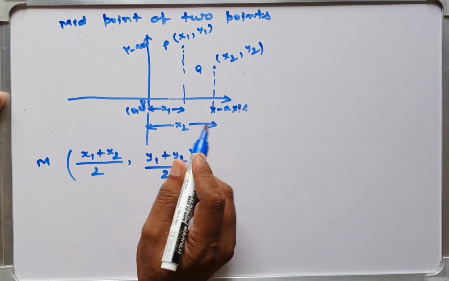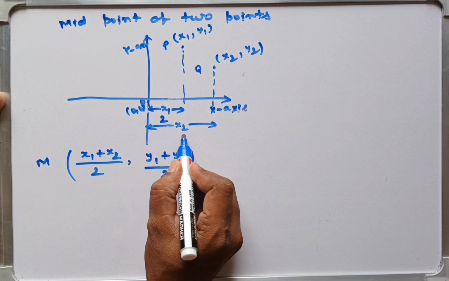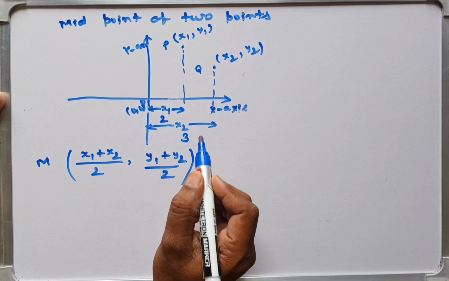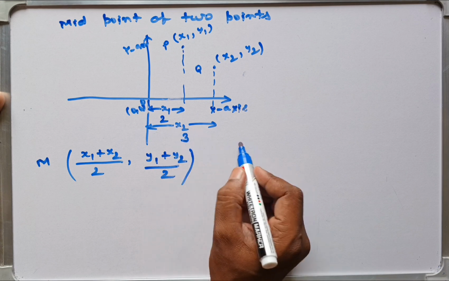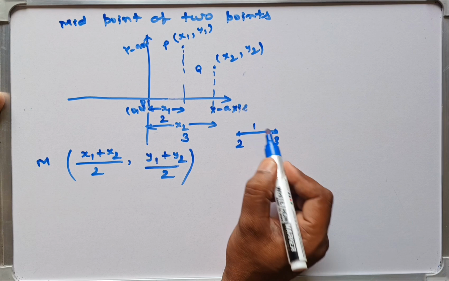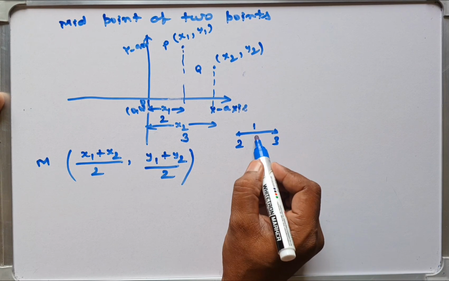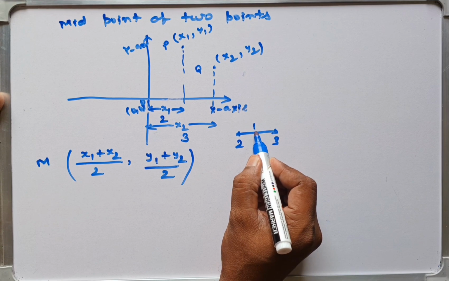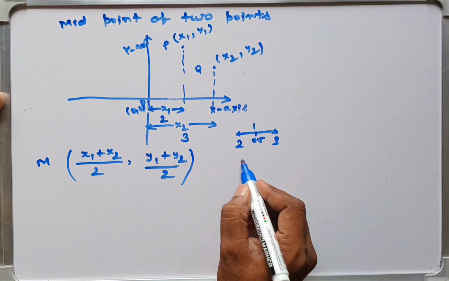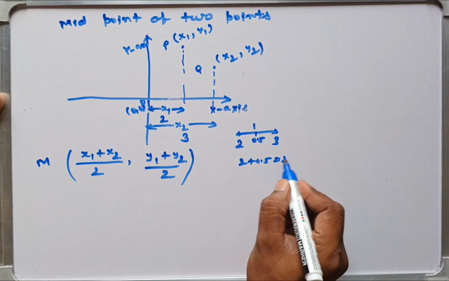Guys, suppose here this x value is 2 and this one is 3, then you can say 2 and 3. So the difference of this is 1 unit. Okay, so if we take the mid of this line, this is 0.5. So 2 plus 0.5 will be what, guys? 2.5.